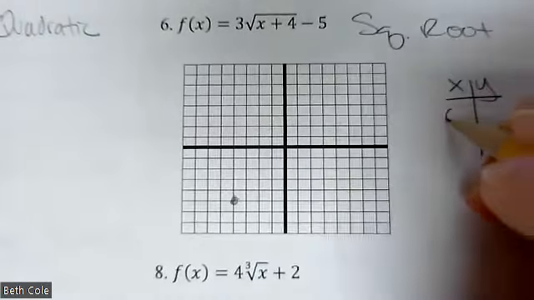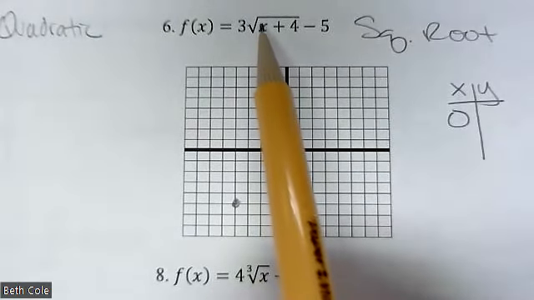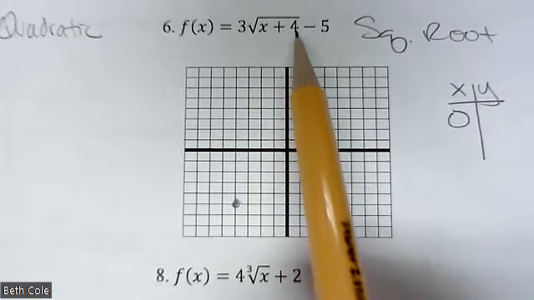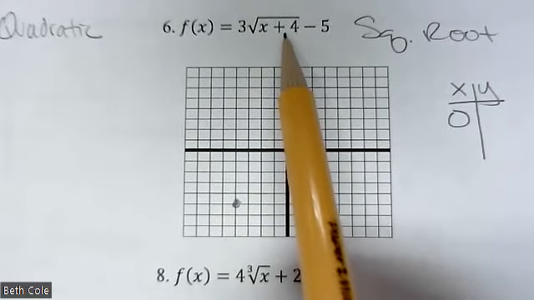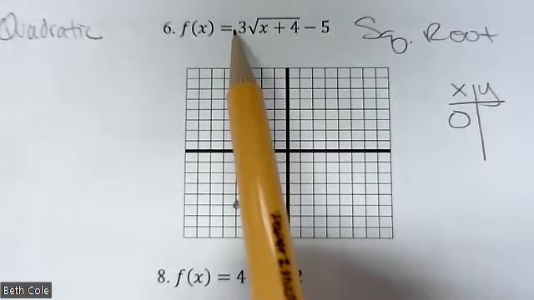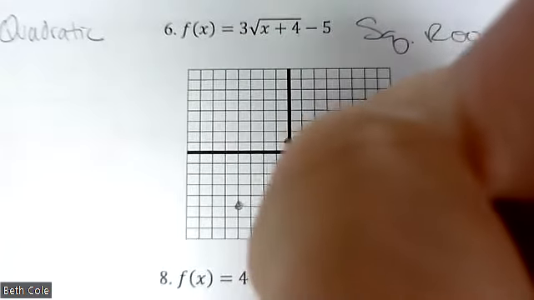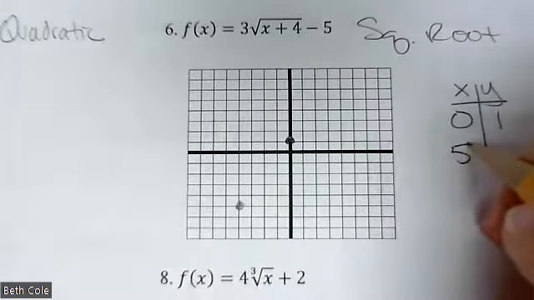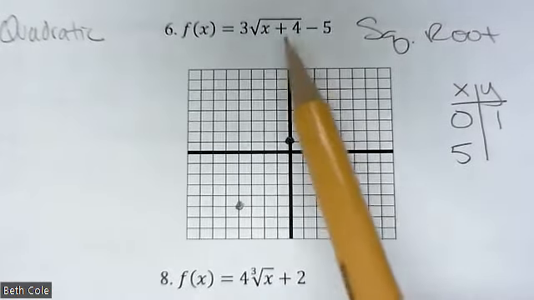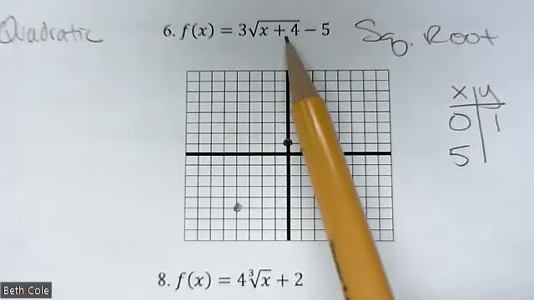If we plug in 0, here comes your mental math. 0 plus 4. 4. Good. Square root of 4. 2 times 3. 6 minus 5 is 1. So 0, 1. And then somebody said 5 as well. So let's do that one. 5 plus 4. 9.